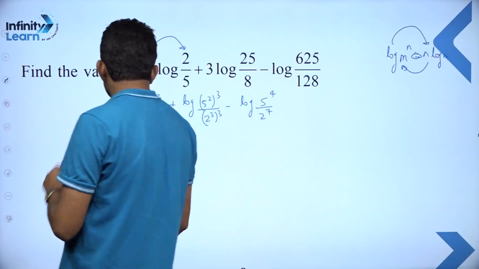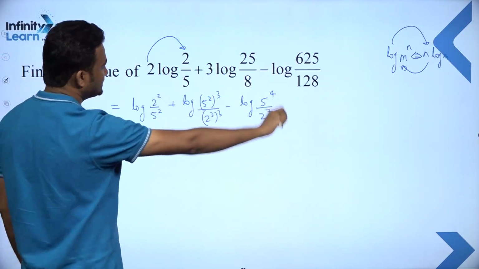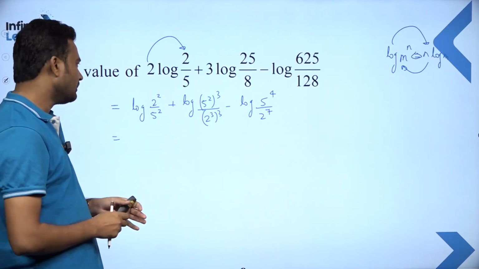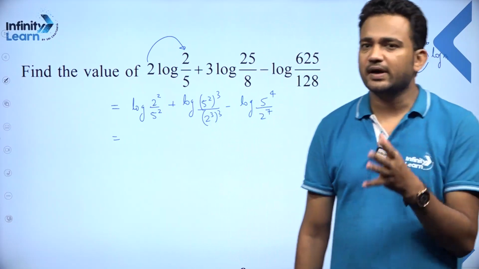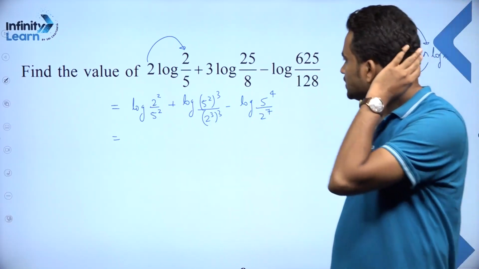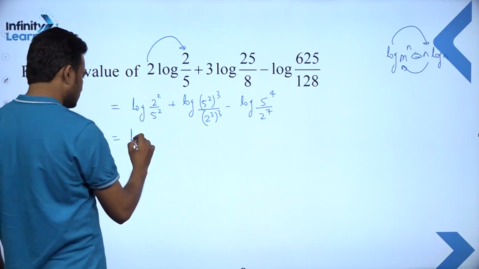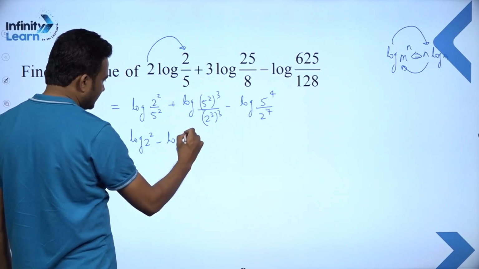Now let us simplify this, guys. So what will we get? We have to simplify this, right? If I use the property log m by n, what is log m by n? We'll get log m minus log n, right? So this is log 2 power 2 minus log 5 power 2.